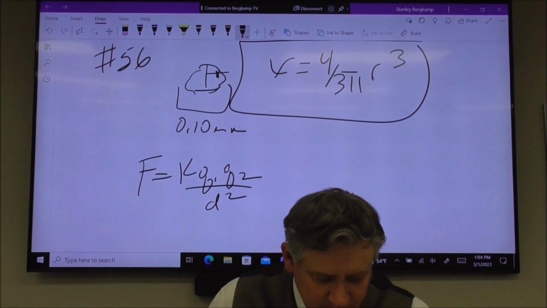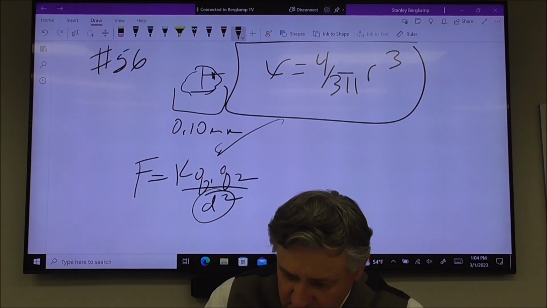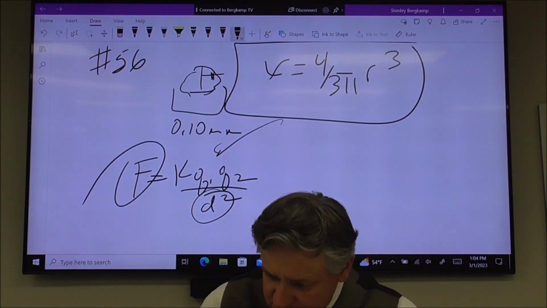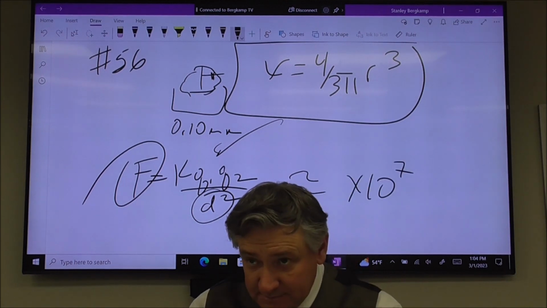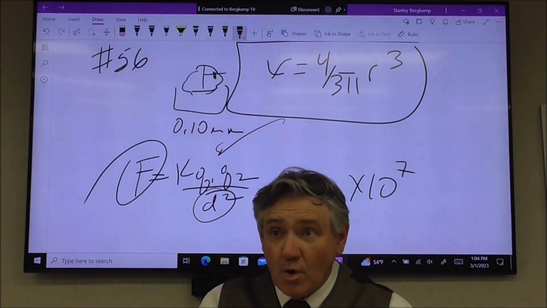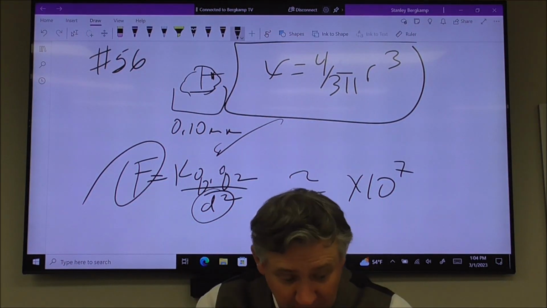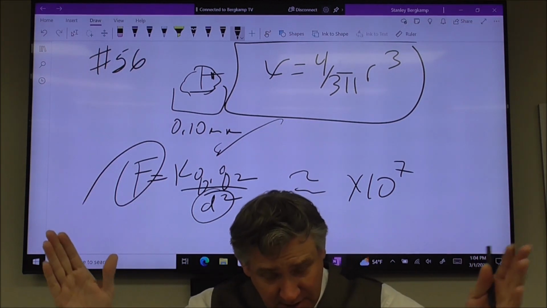You know how far apart they are, and you know the charge on each one, so you can calculate that force. And that force should be something times 10 to the 7th. Now, these are not very far apart. If you look at this, they're 1 meter apart.